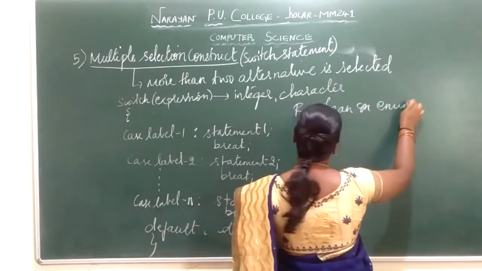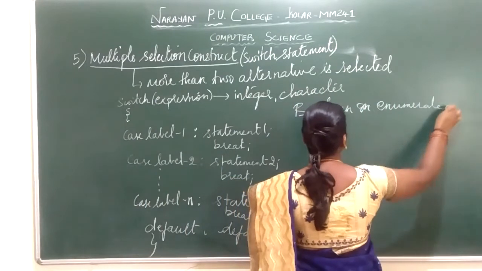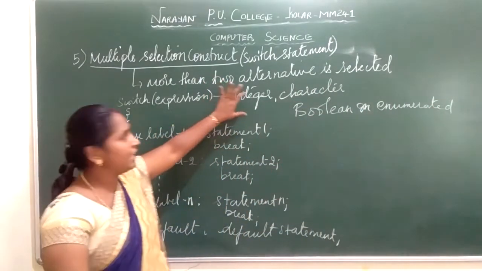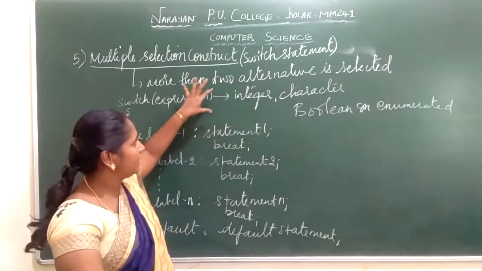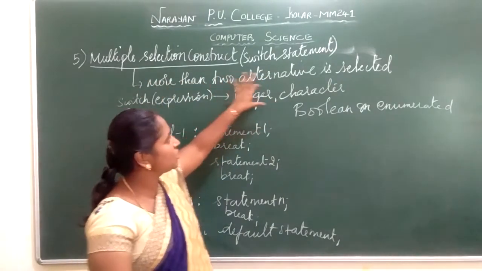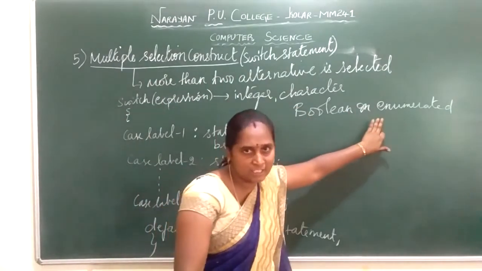What is this enumerated? You are going to study it in your data types chapter, in the upcoming chapters. Just kindly understand that integer and character are data types. So this expression can hold data types like integer, character, boolean or enumerated data values.